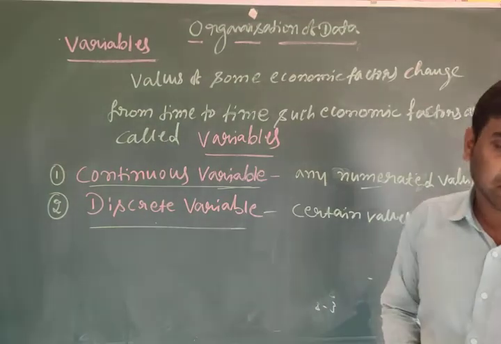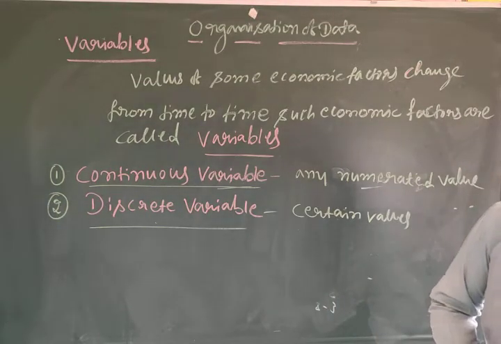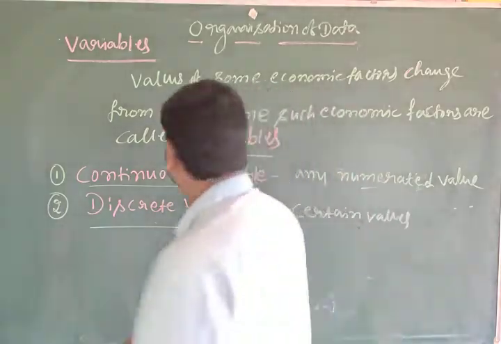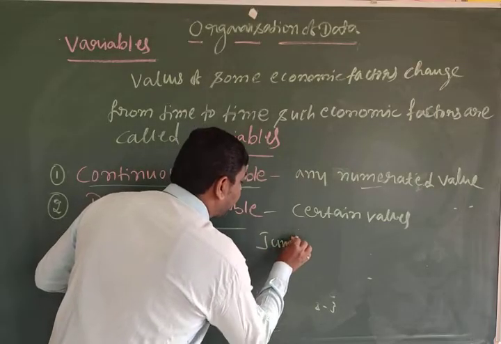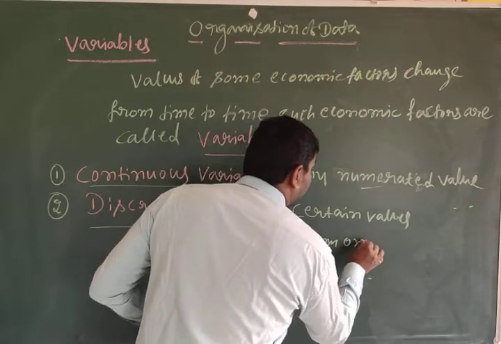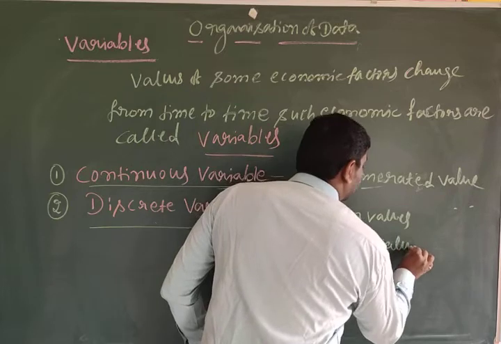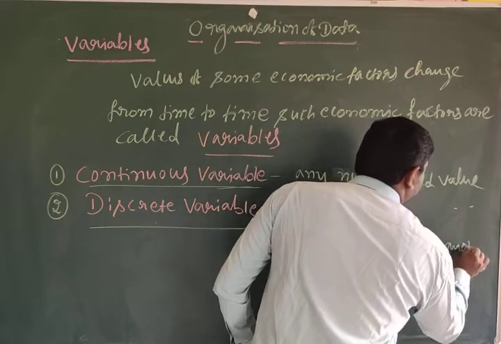Certain values means it especially jumps from one value to another value. That means there is no continuity.